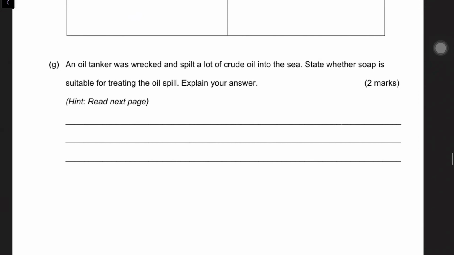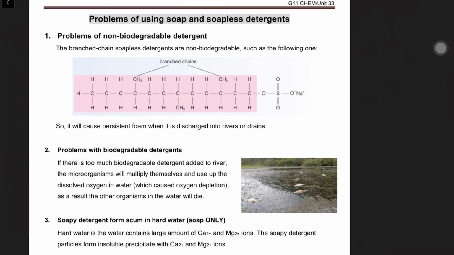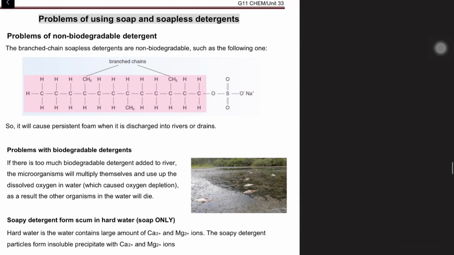Okay, for part G, we will leave it for a few minutes, and let's see the advantages or disadvantages of using different types of detergents. Now, back to our discussion on the problem of using soap and soapless detergent. Everything has its pros and cons. The basic point is that soapy detergent comes from natural sources.